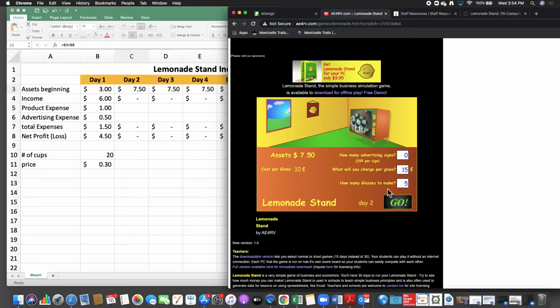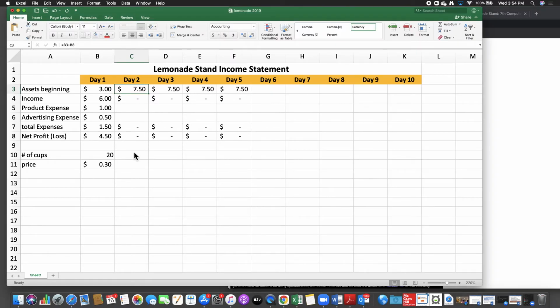All right, so here's my goal. So I'm going to put my number. I don't know my number of cups, but I do know my price, 0.15. I made no advertising expense. And my product expense is equals, it's 10 cents to make it, times, I made 5 cups.